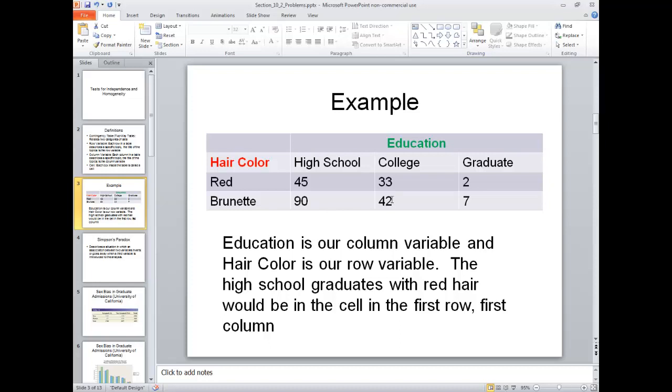But if you have brunette hair, then you have this percentage. We do 42 over our total. That goes to college, and this percent goes on to graduate school. But maybe there's a third variable that we're not taking a look at. Even though they appear to have some kind of connection between them, there's a third one that actually explains what's happening.